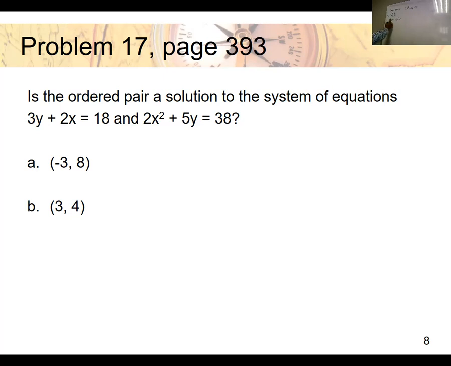So here 3 times 8, that's 24, plus 2 times -3, that's -6. Now I'm going to know that's equal to 18. So here if I add 24 and -6 together, that would be 18. And that does equal 18.